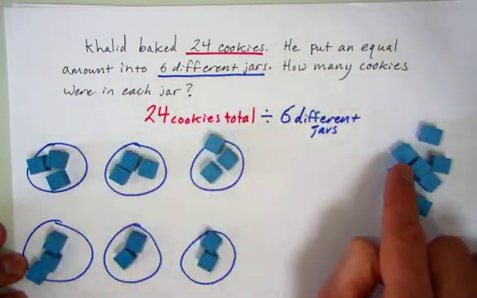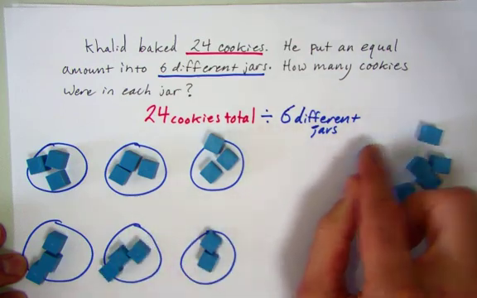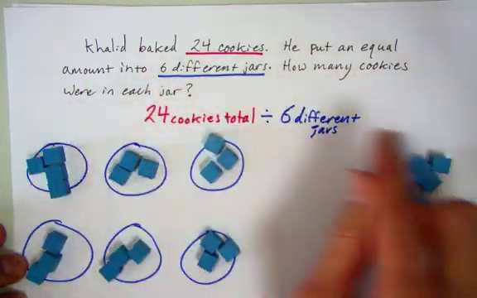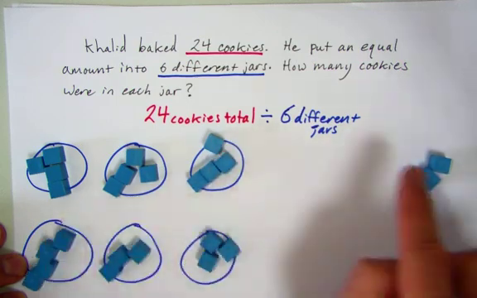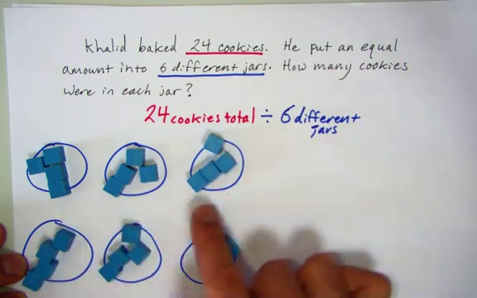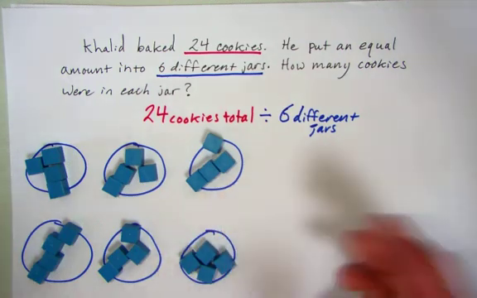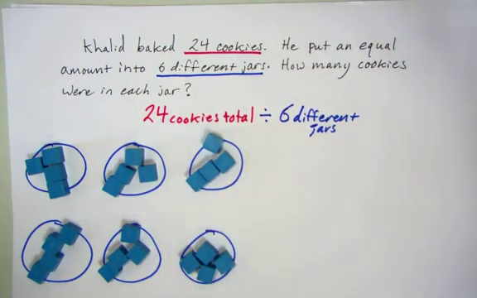This is division right here. I'm actively doing division. Now I should not have any left. I don't. So I just divided 24 cookies into 6 different jars.